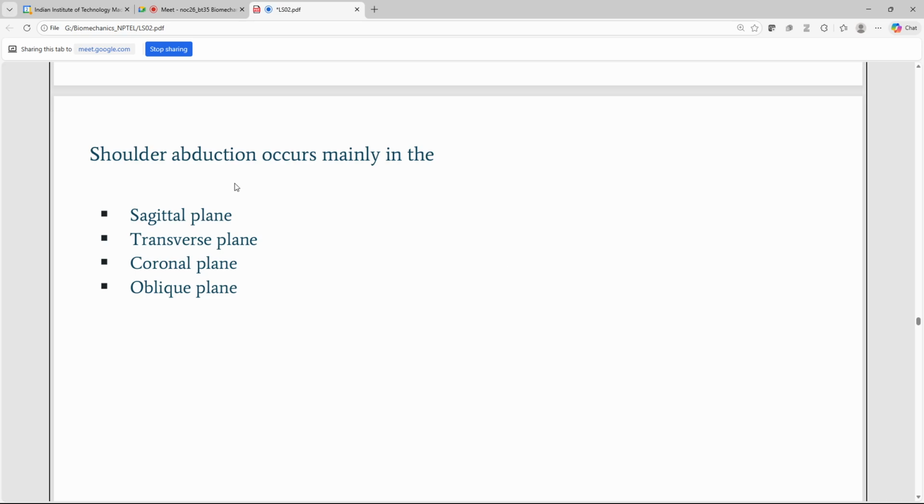Next question. Shoulder abduction occurs mainly in the sagittal plane, transverse plane, coronal plane, or oblique plane? So, in which plane does shoulder abduction occur?